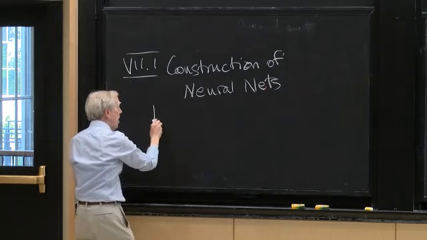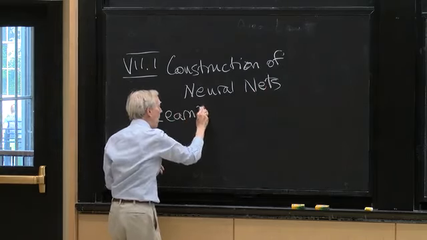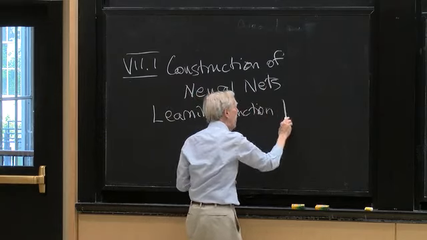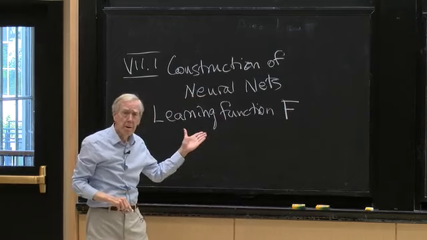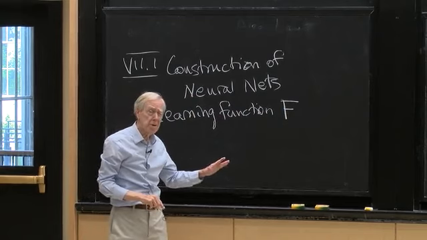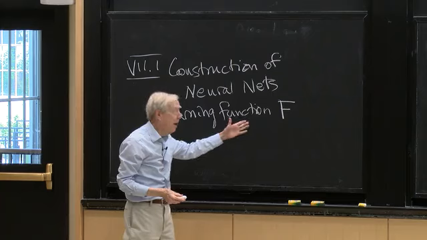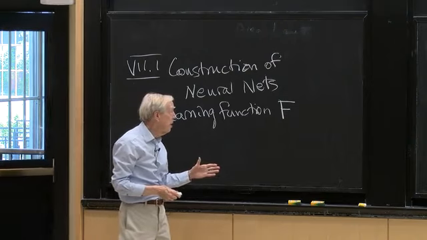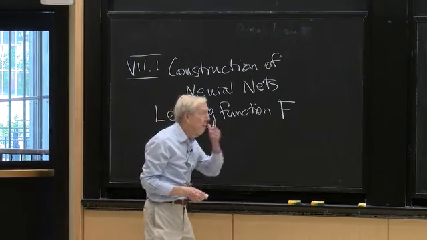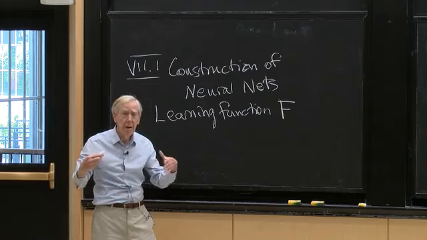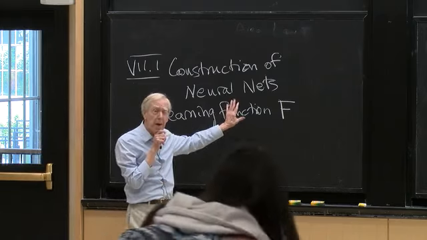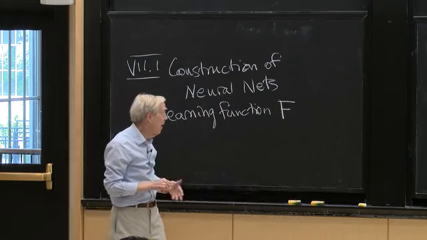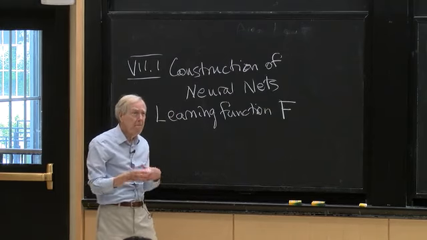Really, it's a construction of the learning function F. So that's the function that you optimize by gradient descent or stochastic gradient descent, and you apply to the training data to minimize the loss. Just thinking about it in a more organized way, because I wrote that section before I knew anything more than how to spell neural nets. But now I've thought about it more.